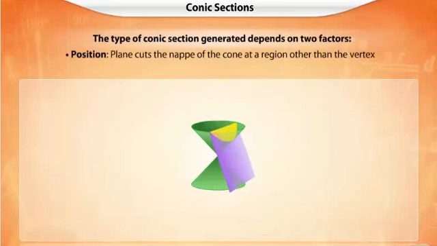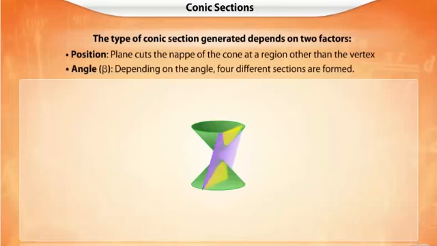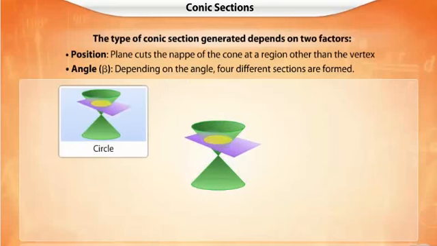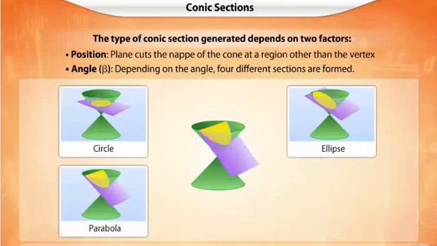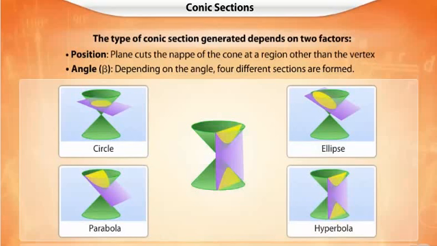We can see that the shape of the section changes as the angle changes. In terms of the nature of the sections obtained, we can say that four types of sections are obtained: circle, ellipse, parabola, and hyperbola.